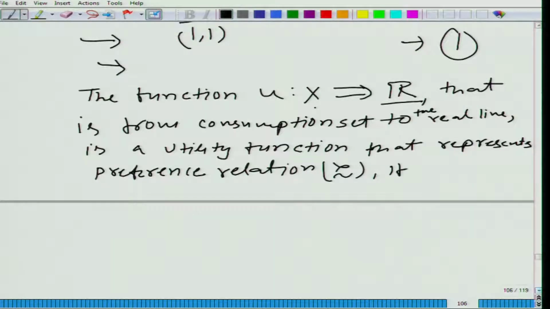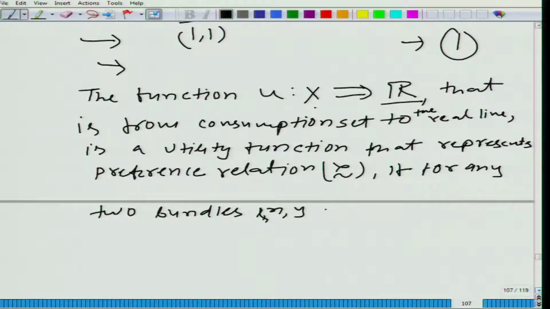If, for any two bundles x and y in the consumption set, let me change it to if and only if.